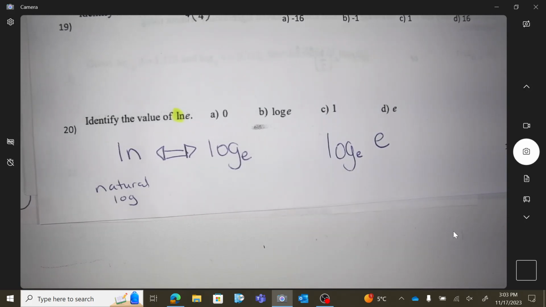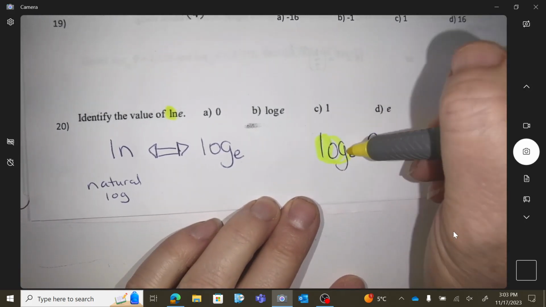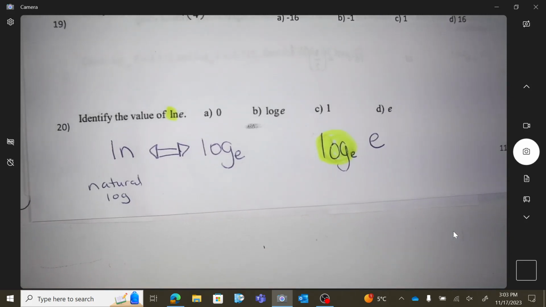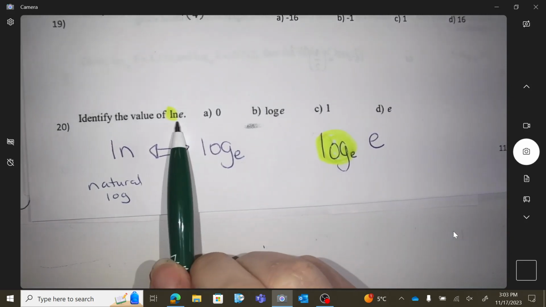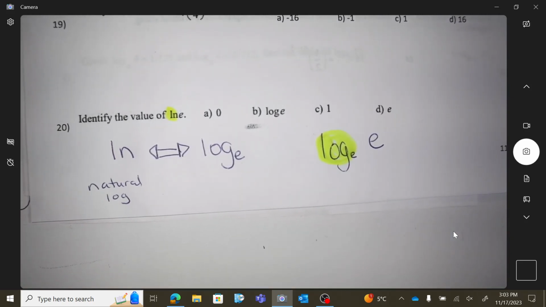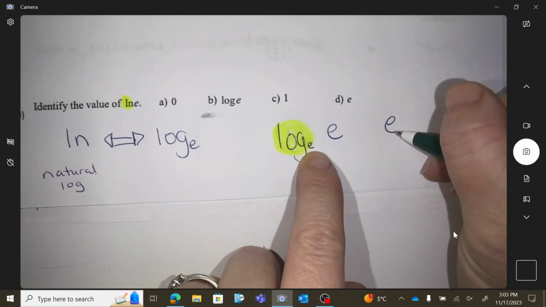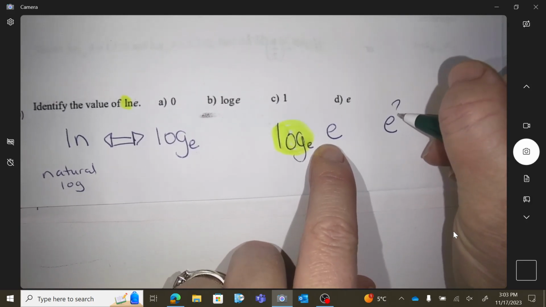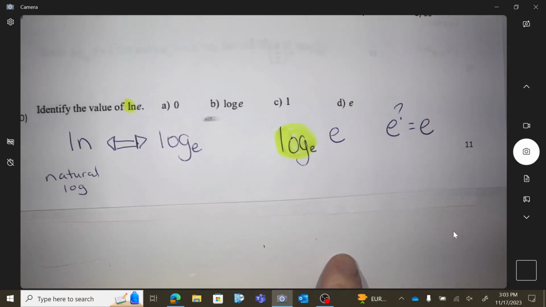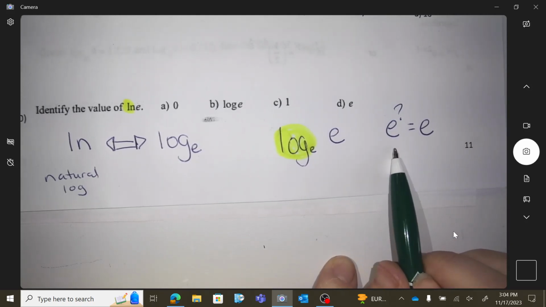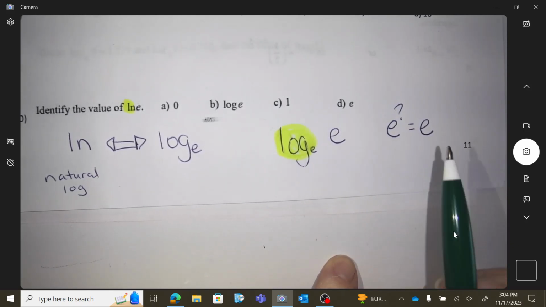So I'm going to replace the natural log with doing a log base e. Okay, so what is the answer? What is your brain going to think? If you had a base e, what exponent results in e?